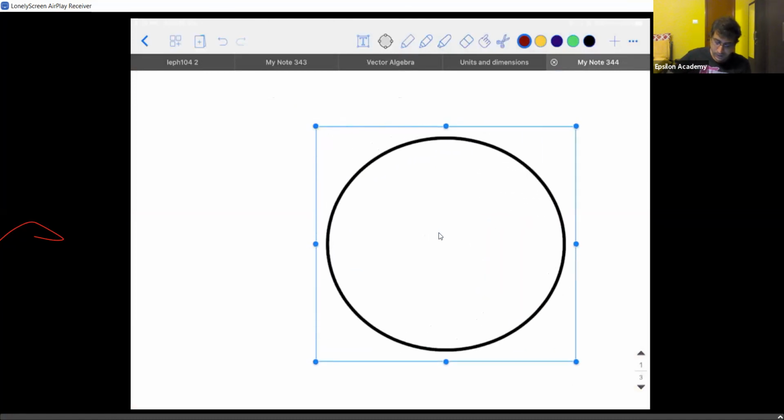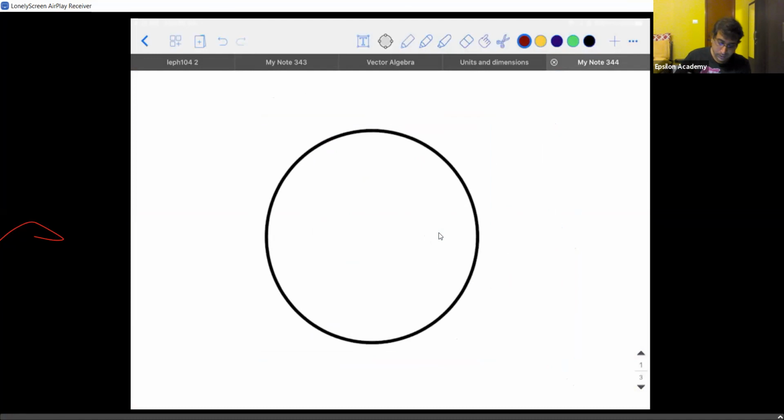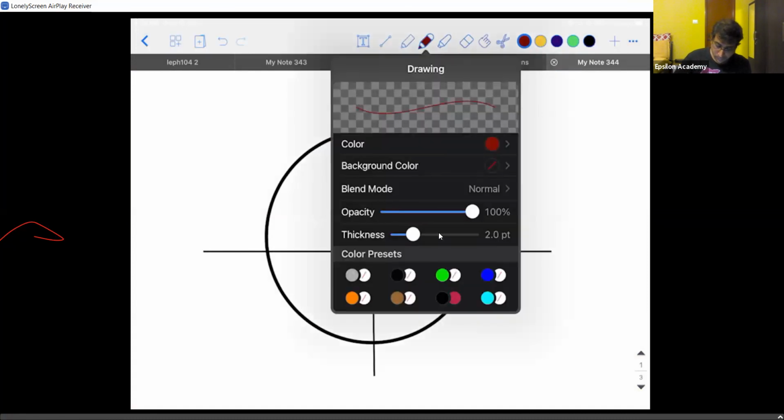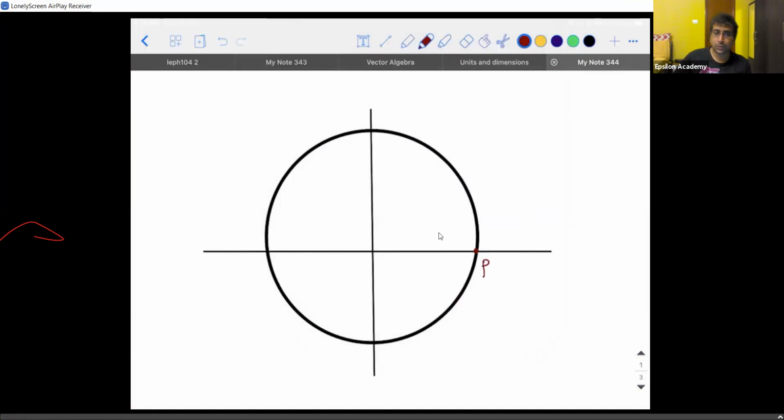So if I take something like this, let me make it more clear. I have a point P here. Let's say in time t dash, the point P has traveled along the arc, along the circle, and it has reached P dash.